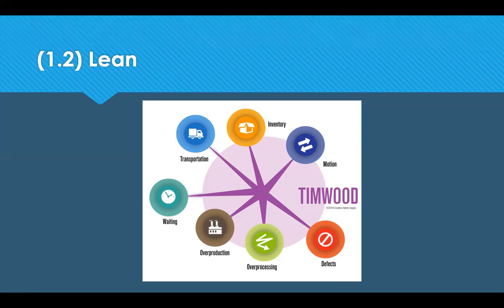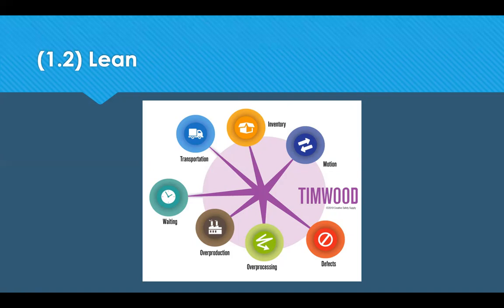It could even be where your printer is. If somebody has to walk for 10 minutes to print something off, it's a waste of motion. For the wood, we've got waiting, overproduction, overprocessing, and defects. Waiting is a waste of time, clearly. So if you can, try and streamline your processes. Overproduction is producing more than you can physically sell, so try not to do that because it will ultimately end up with additional inventory.